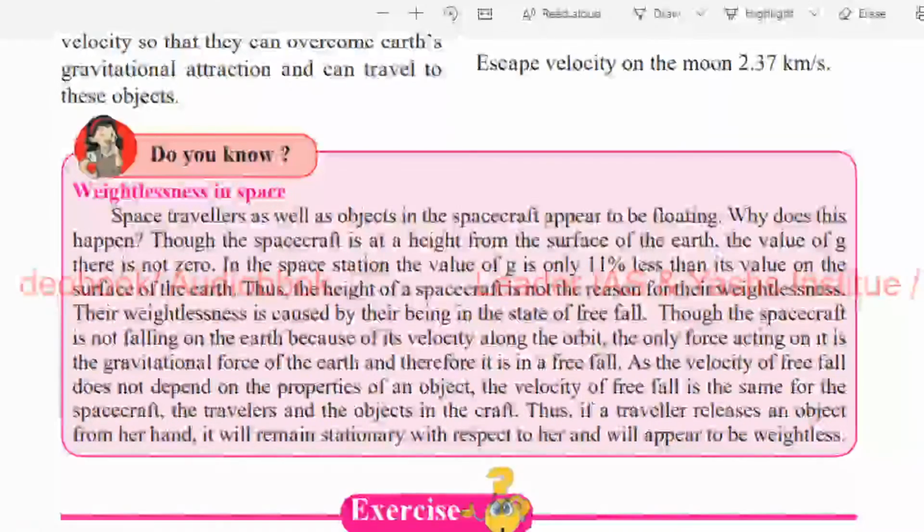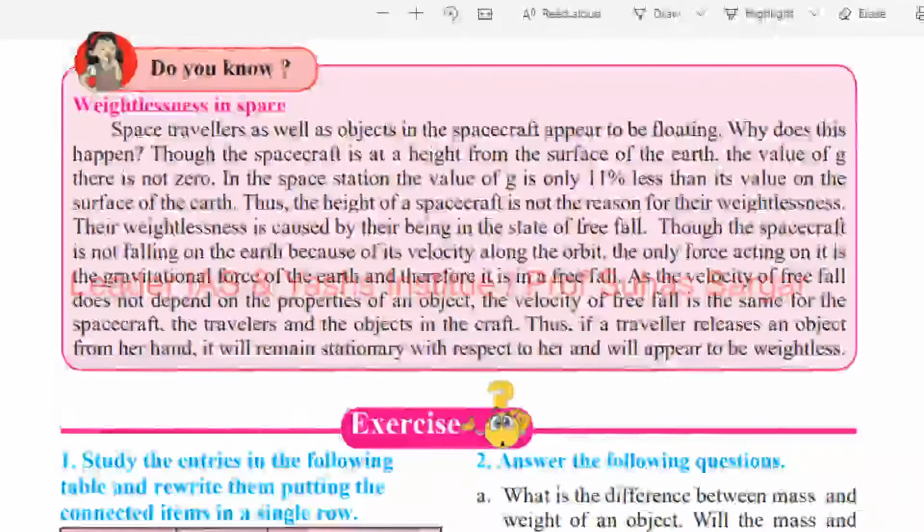As the acceleration of free fall does not depend on the properties of an object, the free fall is the same for the spacecraft, the traveler and the objects in the craft. Thus, if a traveler releases an object from her hand, it will remain stationary with respect to her and will appear to be weightless. Box closed.